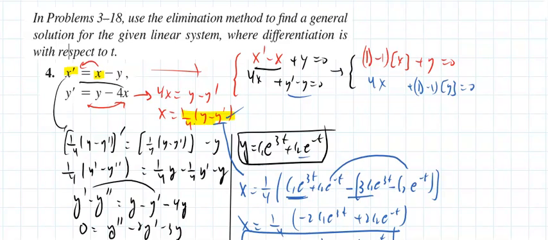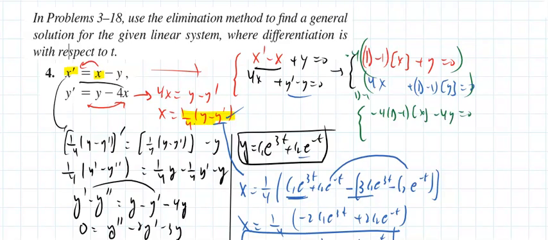And since this is a system of equations, to eliminate x, I could multiply the top by a negative 4 and the bottom by D minus 1. And what I get, negative 4 times D minus 1 operating on x minus 4y equals 0.